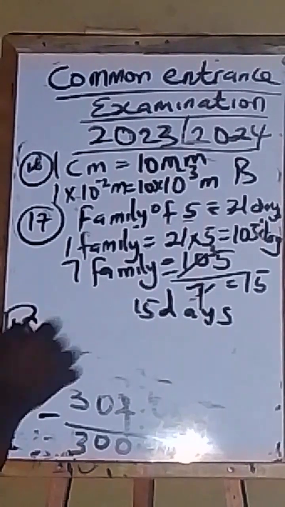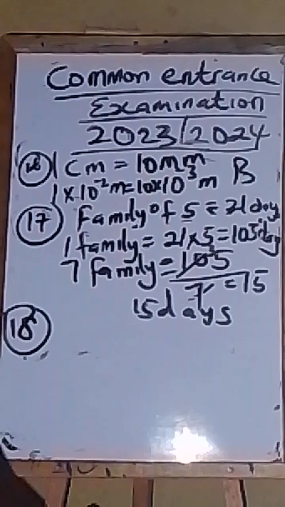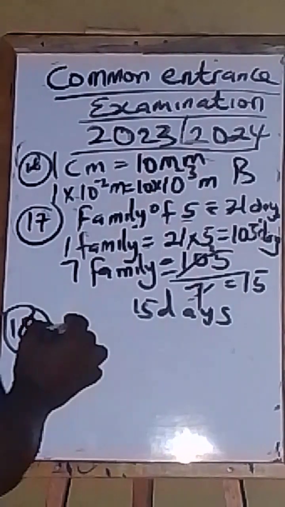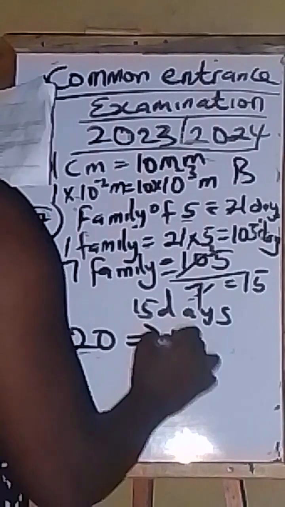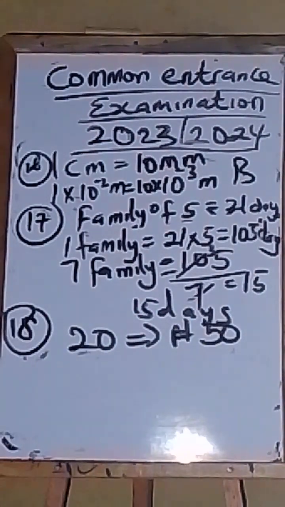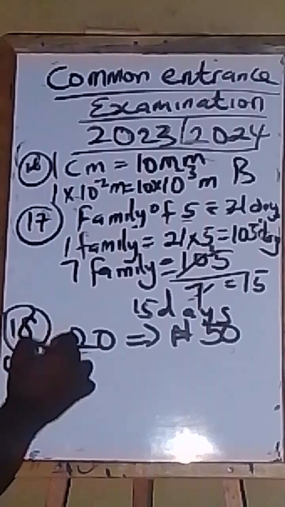Question 18. Victor buys 20 bundles of banana for 50 naira. That's the cost price. Cost price is how much you buy something.